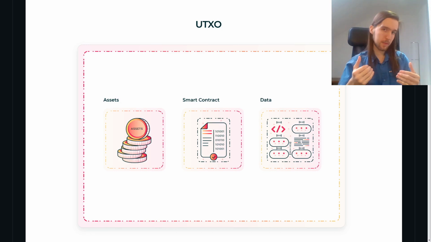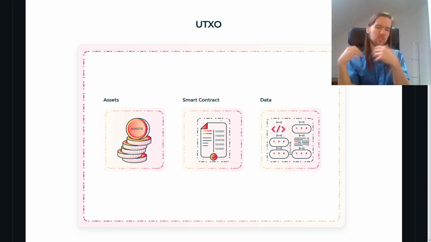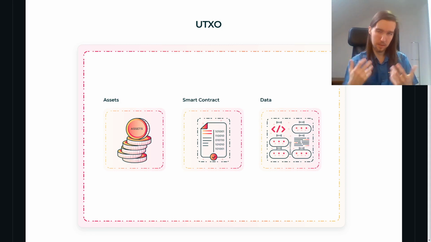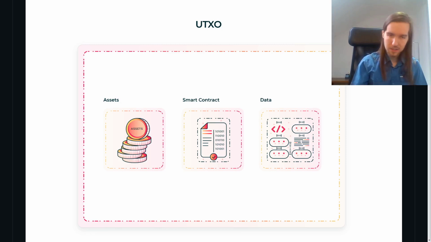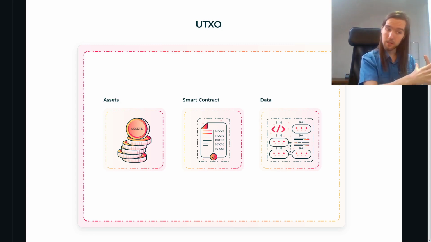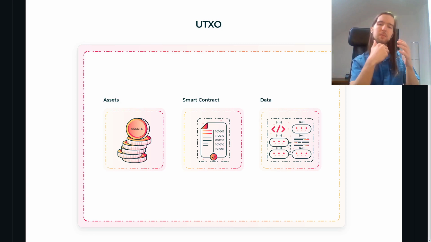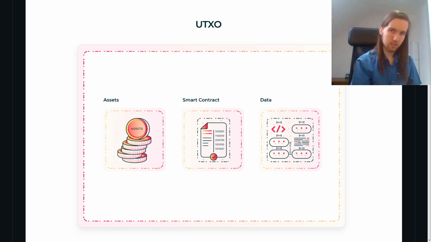If you know programming, the account-based model is very imperative in style, while the UTXO-based model is very functional in style because of that. And what this means is that some of the inherent downfalls of the imperative model can be seen in Ethereum, and some of the benefits of the functional model can be seen in the extended UTXO model.